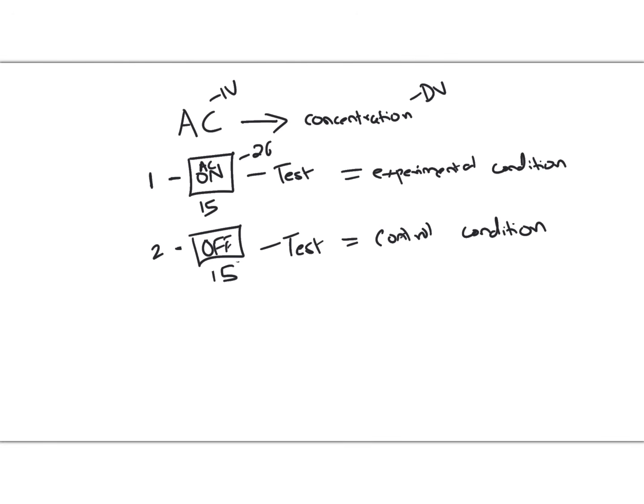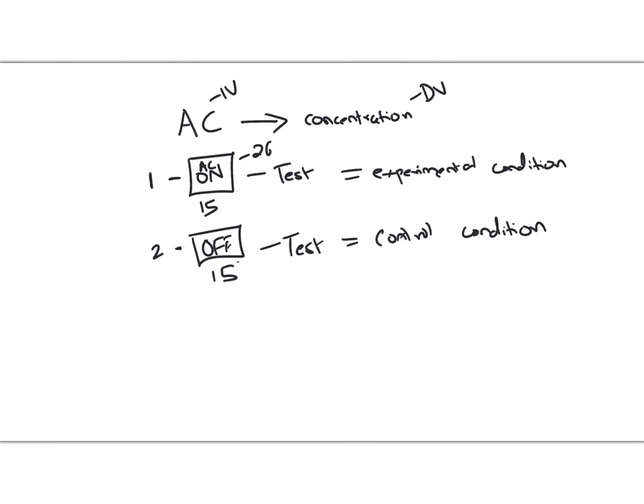Now, if both groups perform really well, both groups are able to concentrate really well, then I can conclude that air conditioning does not have any specific impact on concentration, because then the control group would not be performing as well as the experimental group. So that is really why we have a control condition.